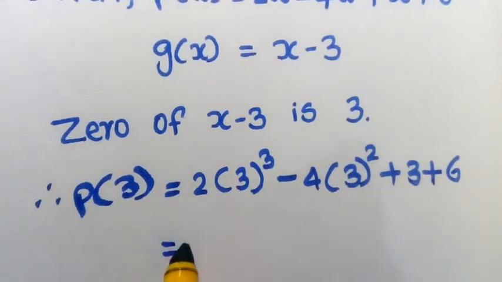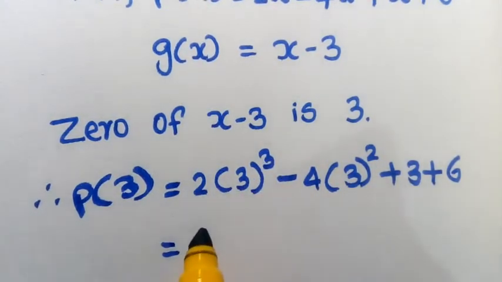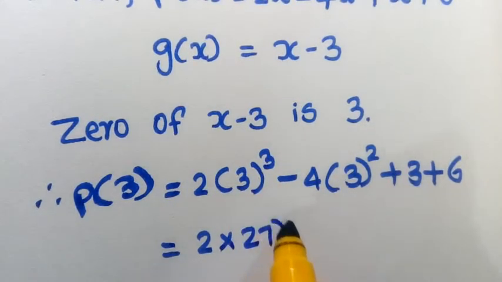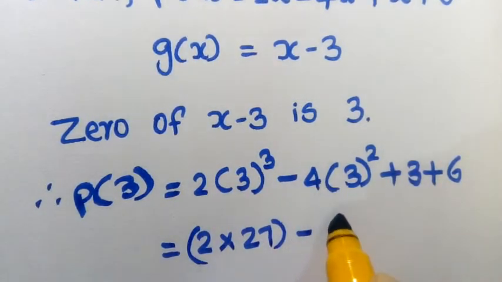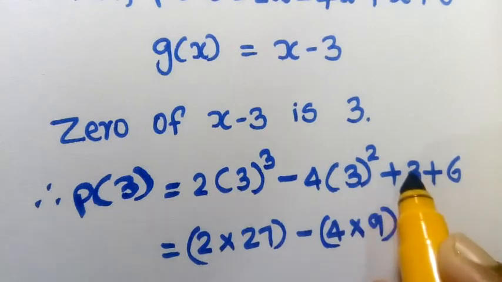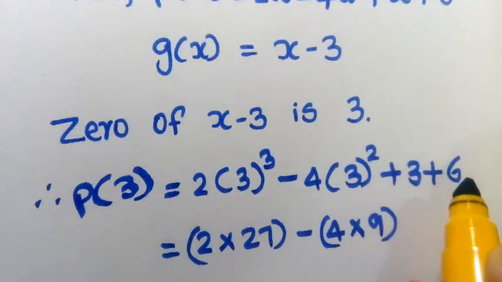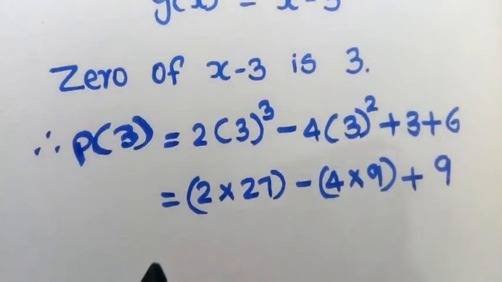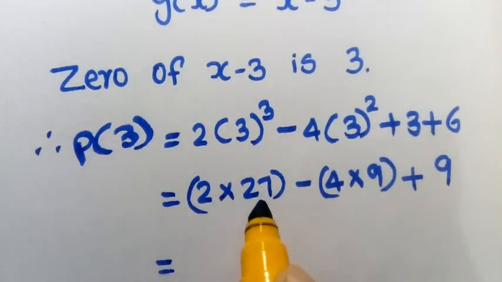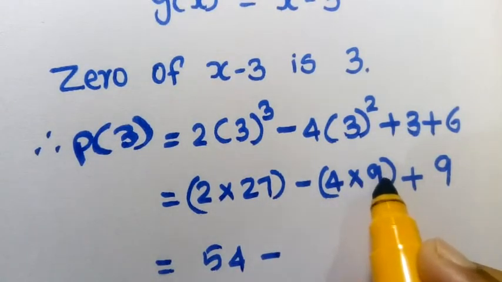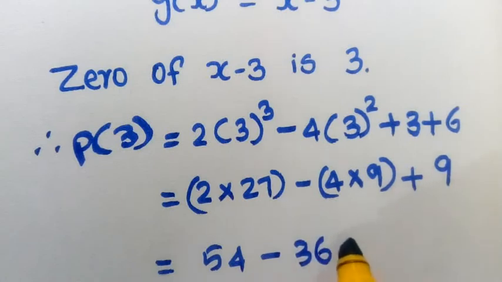Equal to 2 into 3 cube. 2 into 3 cube is 27, minus 4 into 3 square. 3 square is 9, plus 3 plus 6. 3 plus 6 is 9, plus 9, is equal to 2 into 27 is 54 minus 4 nines are 36 plus 9.